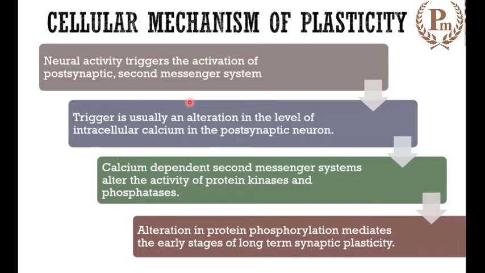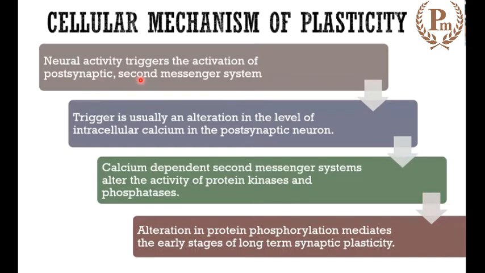In the case of a chemical synapse, a neurotransmitter is involved, and the whole of synaptic transmission takes place. But for plasticity, there are certain mechanisms attributed only to plasticity. And what is that? The neural activity triggers the activation of the postsynaptic second messenger system. We are going to learn about it and we'll know what the mechanism is.